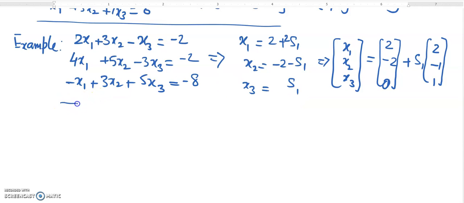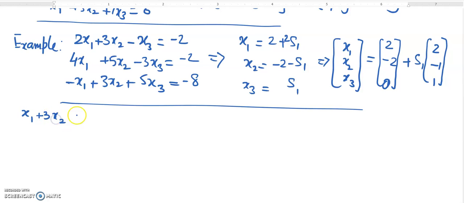So let's take another example for representing the general solution. Suppose we have the equations x1 plus 3x2 plus 3x4 minus 5x5 is equal to 5.